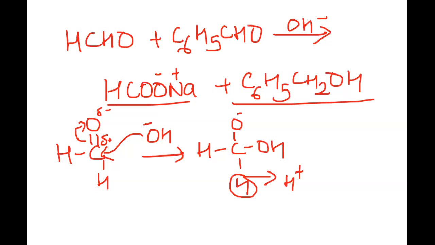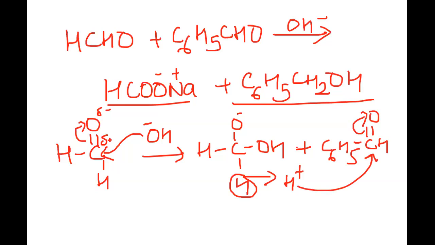This H is going to go and attack the other molecule, the C6H5 C double bond O H. So this is going to go and attack the carbonyl group of the other molecule.